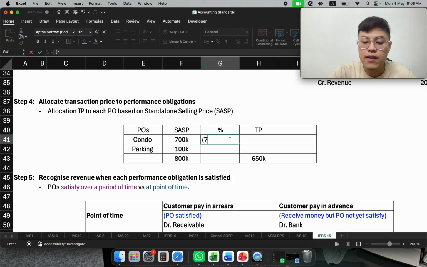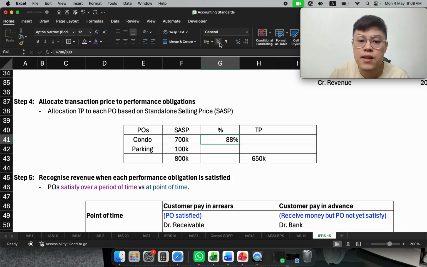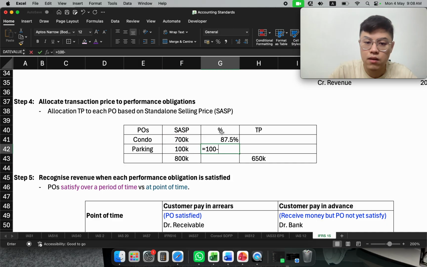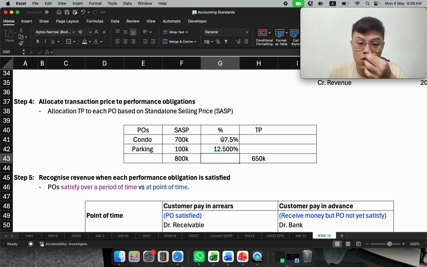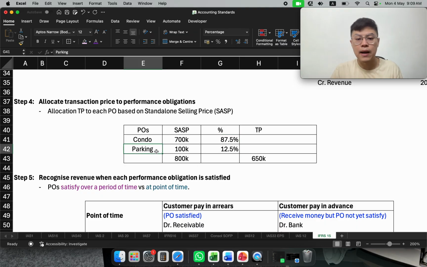So 700K divided by 800K, the proportion is 87.5% out of these two. So the remaining percentage, 12.5%, belongs to your parking.